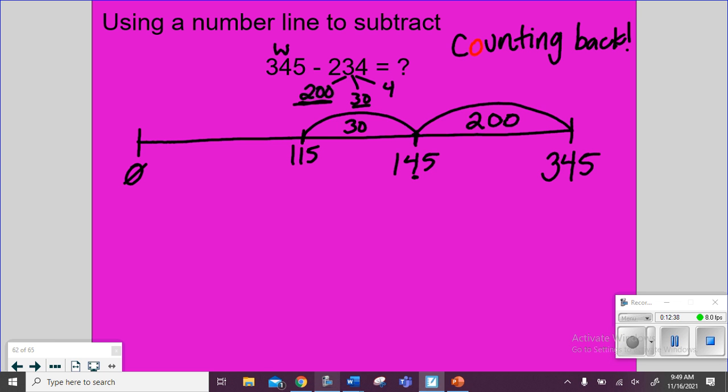All right, now I've got 4. Can I just do a jump of 4? Or you can just do a 1, because you can count on that easily. What's my new ending number? Ashlyn? You count backwards.